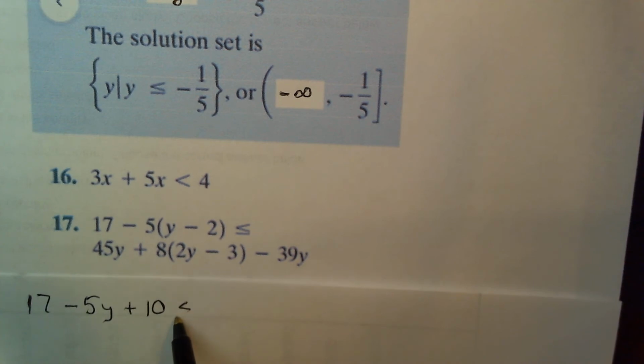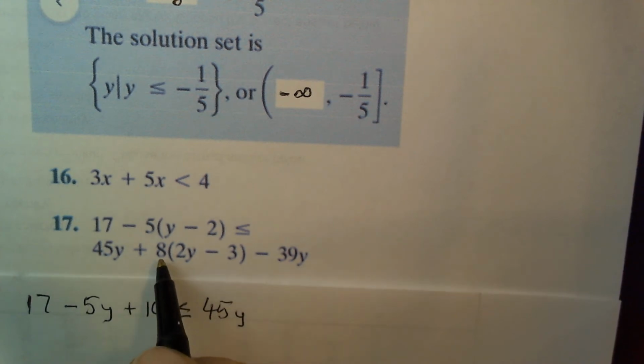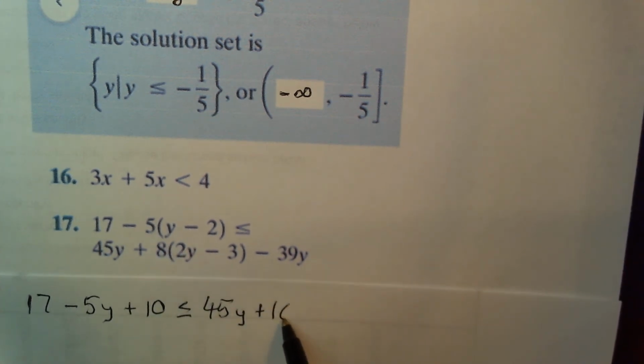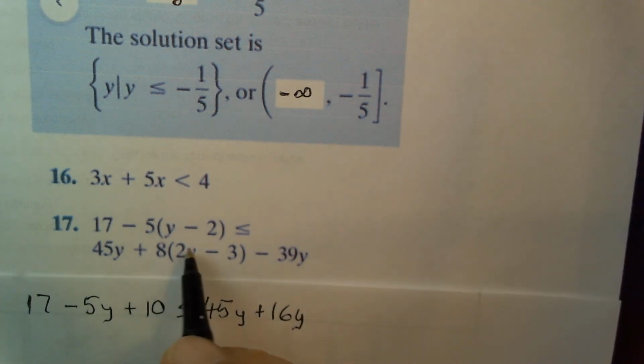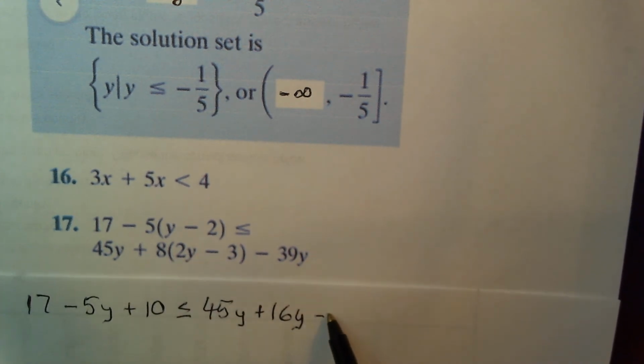Less than or equal to 45y. And now we have 8 times 2, y would be 16y. And 8 times negative 3 is minus 24, minus 39y.